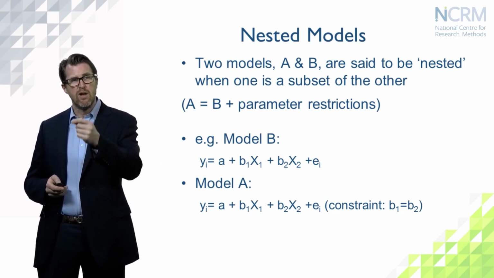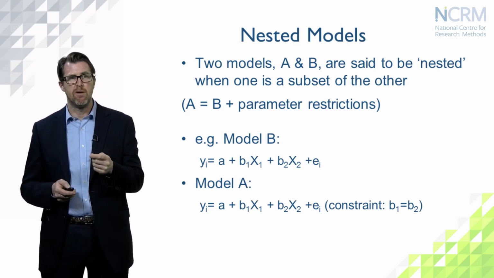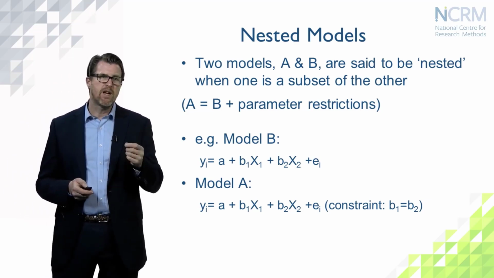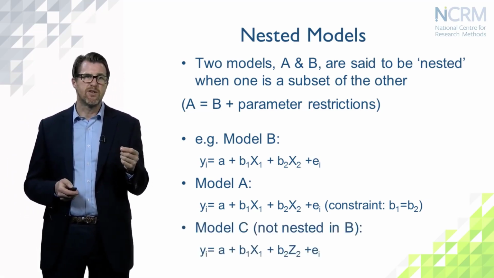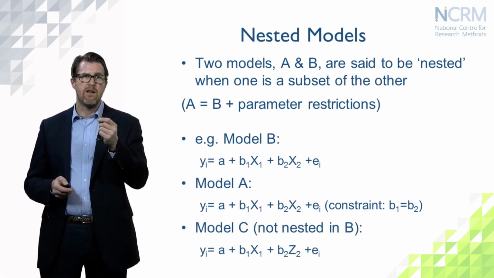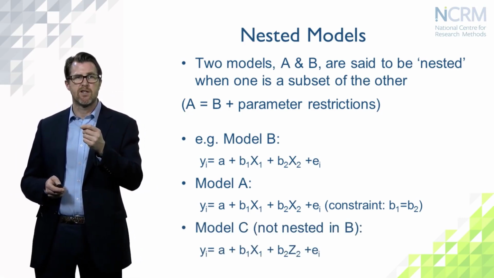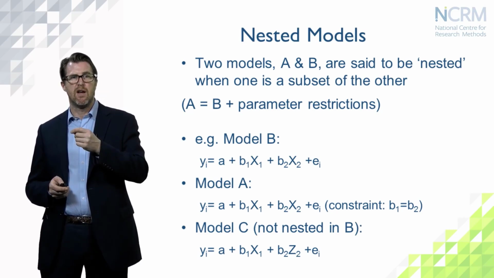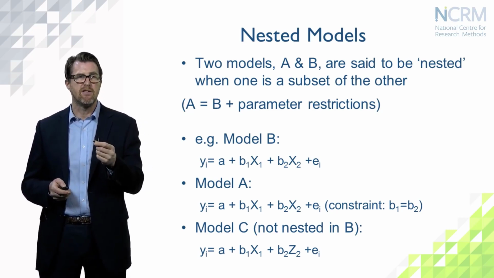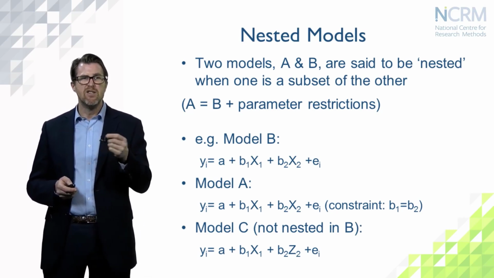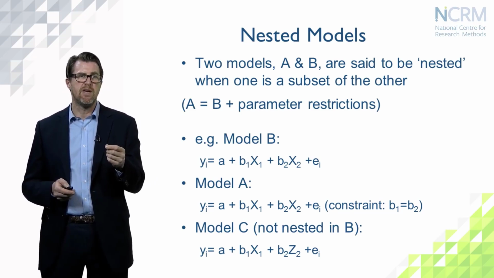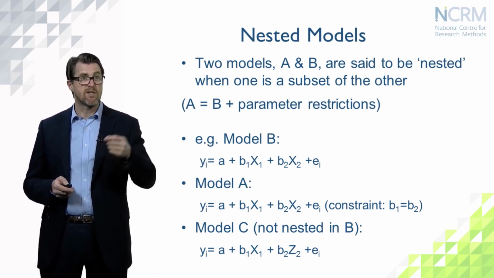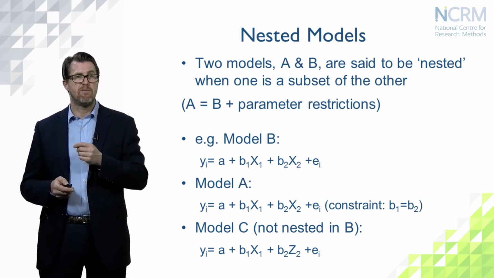It is therefore nested within model B. If we consider a third model, model C though, and we now remove x2 from the model and we add z2 instead, then model C is not nested within model B because it isn't just model B plus some parameter restrictions.